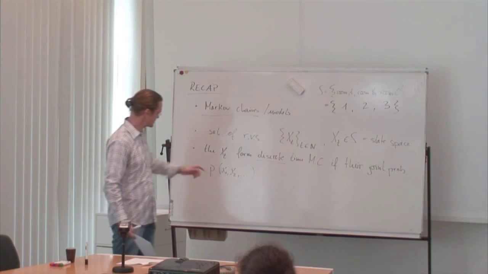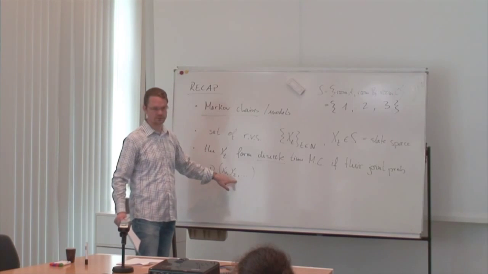How likely is that? Let's say x1 is A, x2 is A, x3 is B, and so on and so forth.